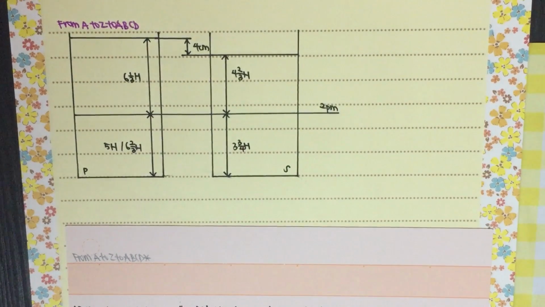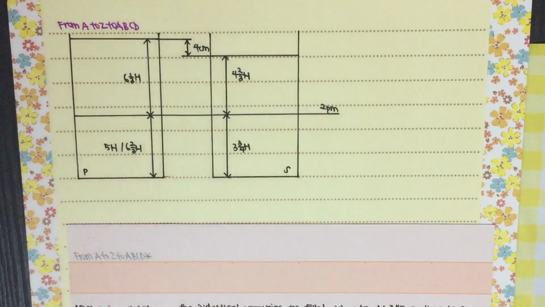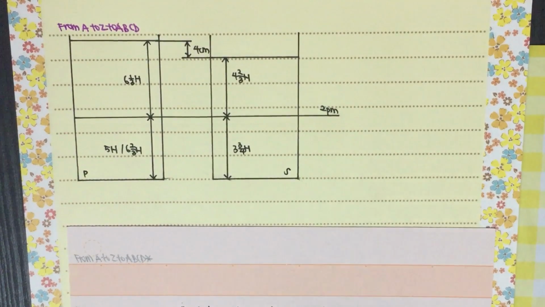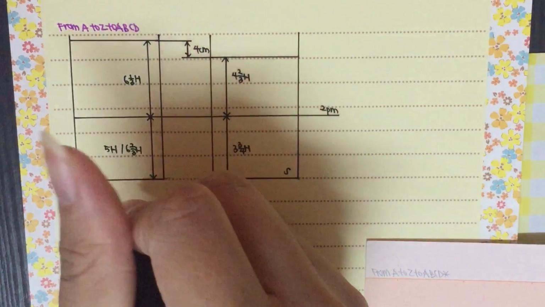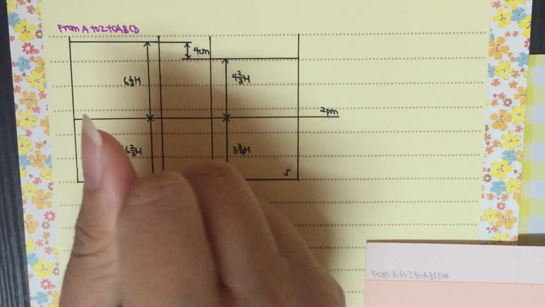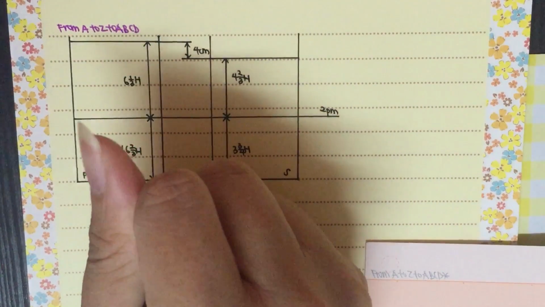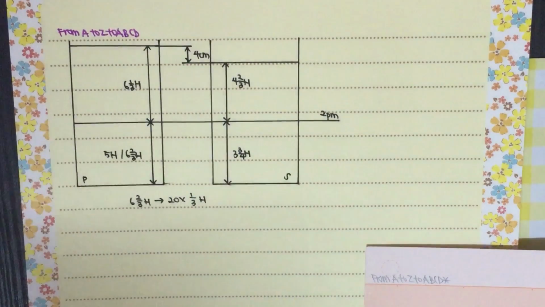But given that every 20 minutes, 15 minutes will be for draining and 5 minutes for maintenance, you realize that 6 2/3 hours is actually equal to 20 times 1/3. 1/3 hour is 20 minutes.